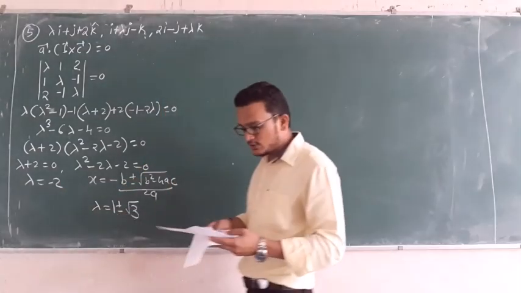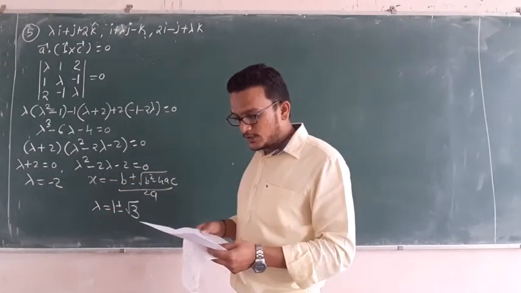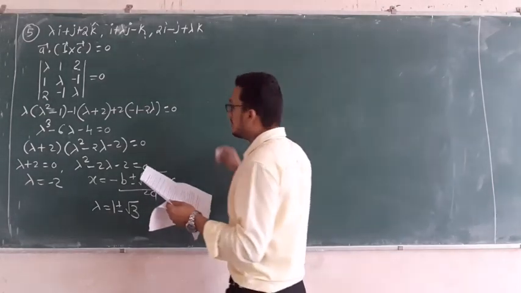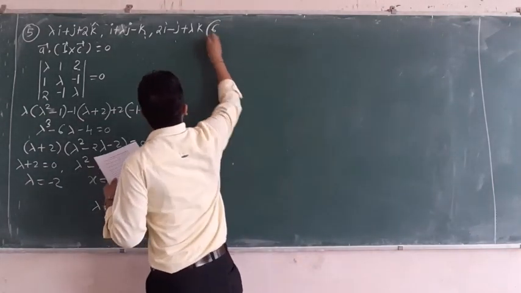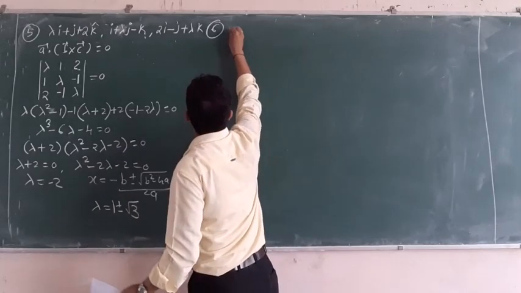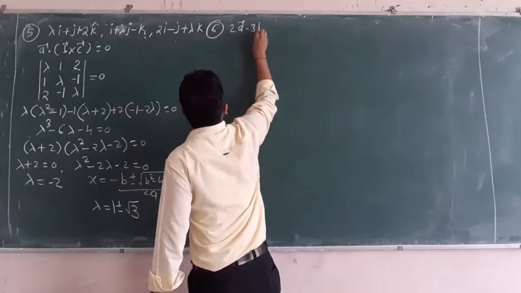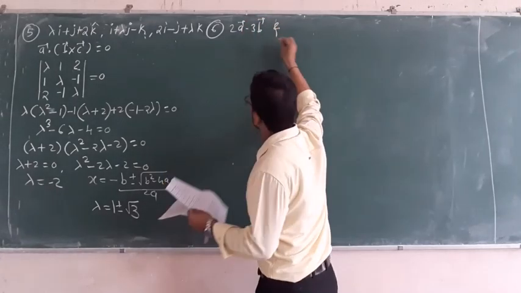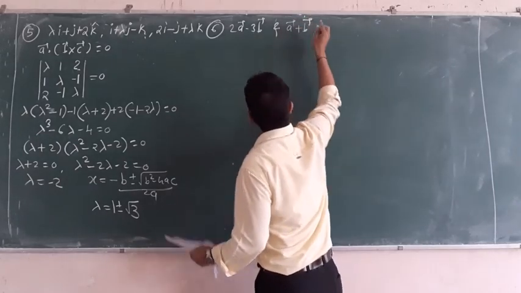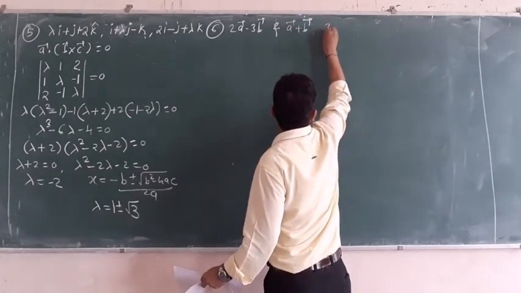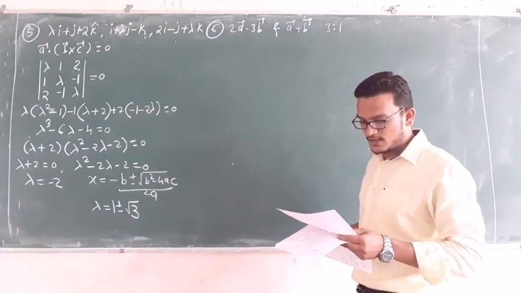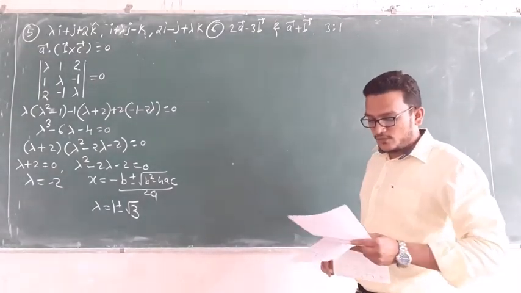Okay, next question: the position vector of the point which divides the line joining points 2a minus 3b and a plus b in the ratio 3:1 is... so we have to find the answer here.